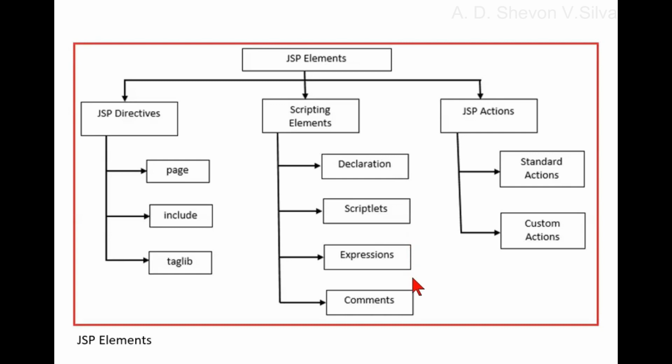JSP expressions. This is a scripting element. This scripting element is often used to evaluate only a Java expression and display that expression's resultant value on the client browser. The expression element contains a Java expression and returns a value.